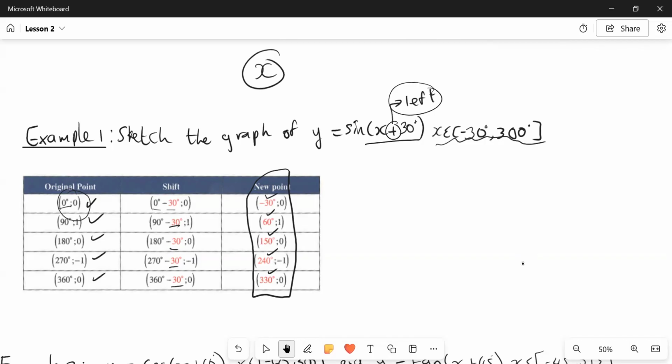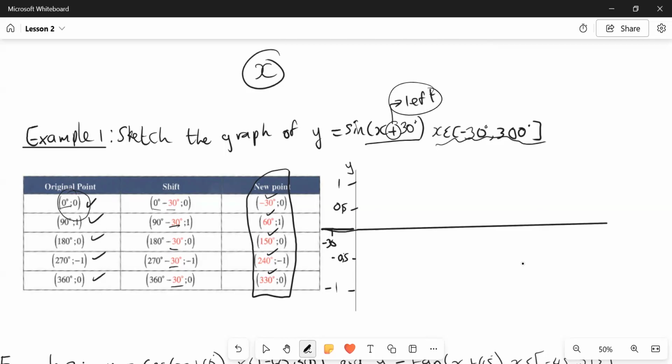So now let's try and sketch our graph. Okay, you'll have your negative 30 there, and on the y-axis negative 1, negative 0.5, 0.5, and 1.